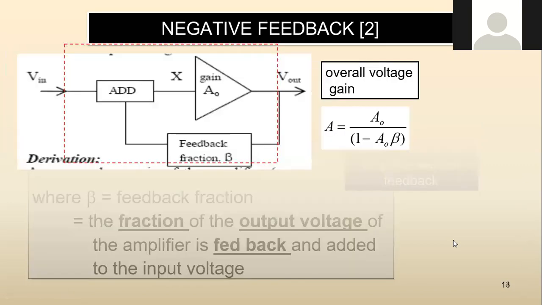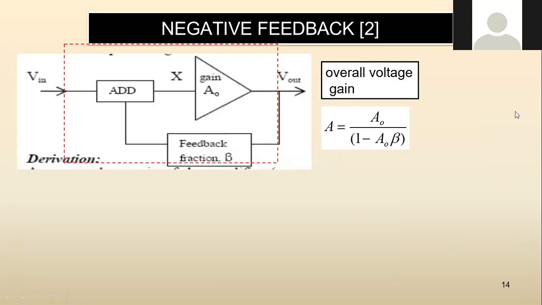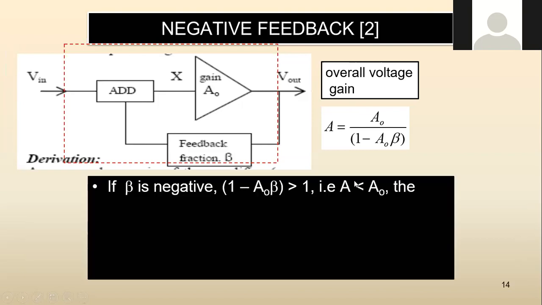Now look at the maths involved. Basically, with the feedback fraction and the input, the two of them add together and finally go into the op-amp to be amplified. And remember, this is inverted, so the waveform going in is smaller, so that's why it's coming out smaller. Beta is negative, because remember, this is inverted.